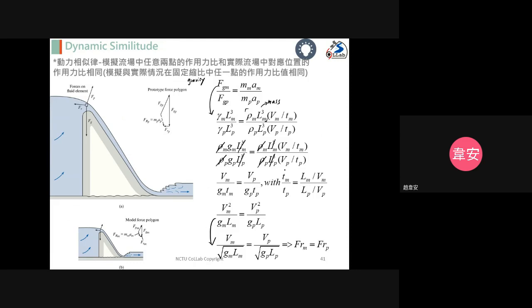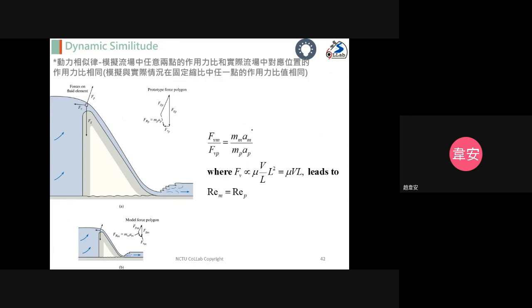So based on the definitions, from both ratios we finally get the Froude number. For this problem, we need to satisfy the condition that the Froude numbers are equal between the model and the prototype.